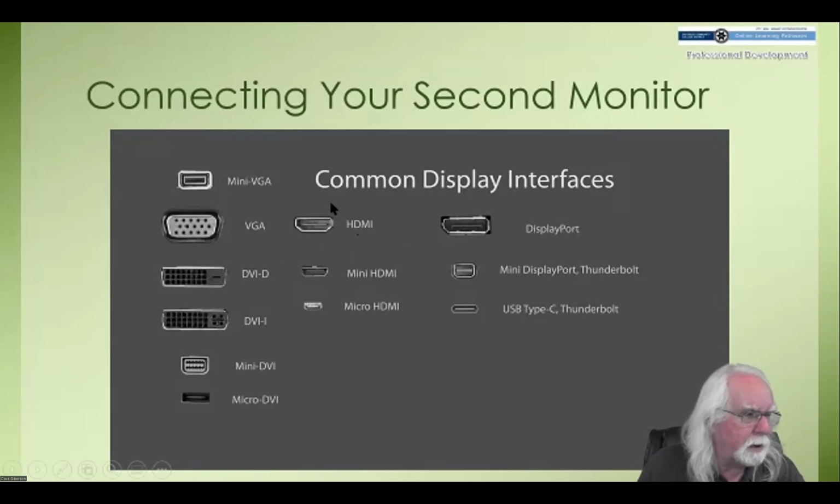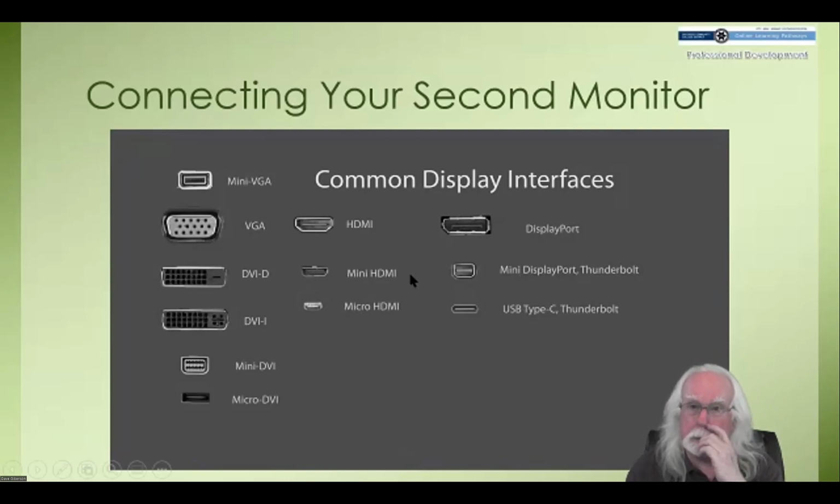It is the most common video interface today, both on computers and on monitors. Mini HDMI may be found on some smaller devices. Those are not uncommon. I don't think I've ever seen a micro HDMI, but they do exist.